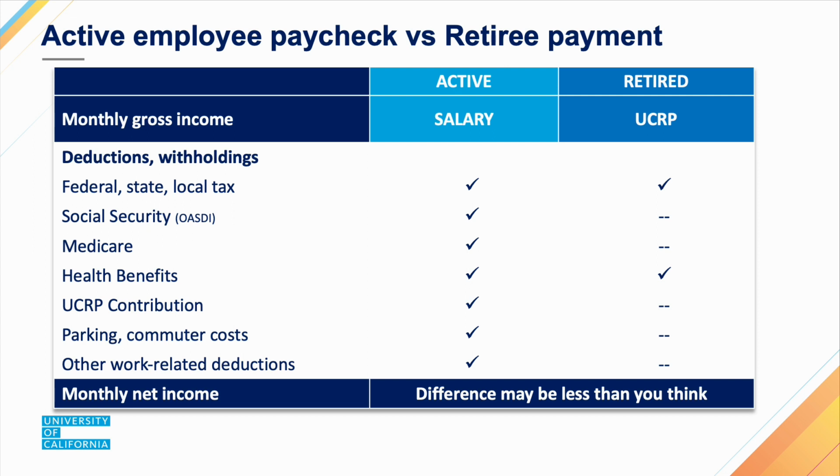So in retirement, you no longer pay Social Security and Medicare taxes. So right there's about 7.65% that will not be deducted once you retire. You also don't pay UC's retirement contribution. So you're not paying into the retirement plan.